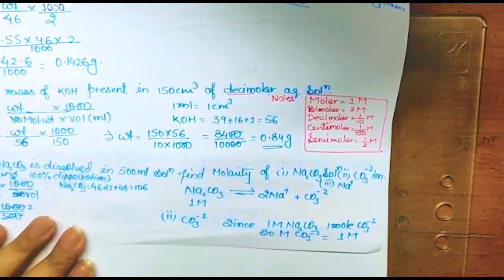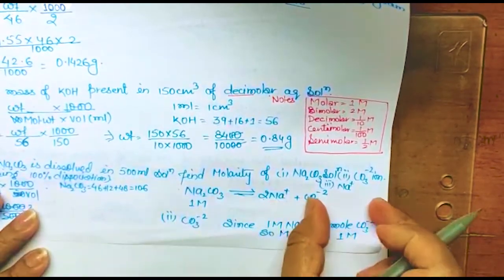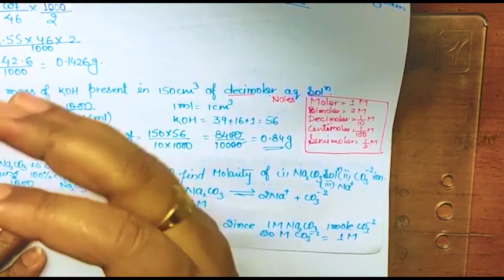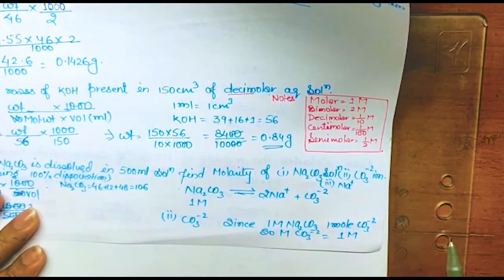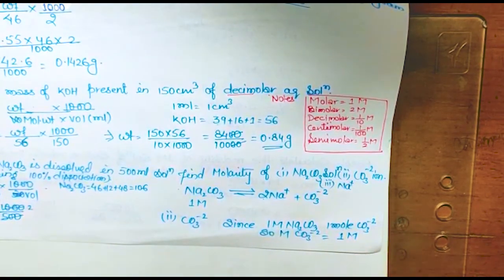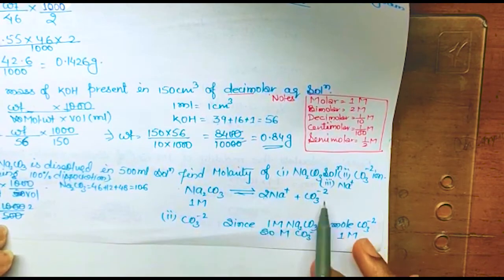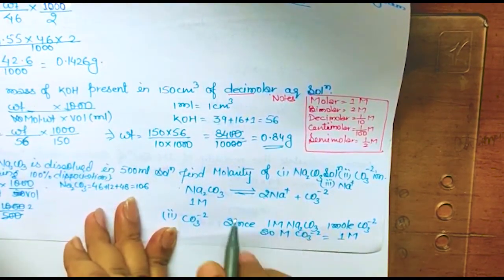Any doubt? Now, since the volume will be the same for all, isn't it? Molarity is equal to mole upon volume, and the volume is the same for all, because the volume is not going to change. If it is 1 liter, it will remain 1 liter, but the ions will dissociate in this way. So for the same volume, we can say this.